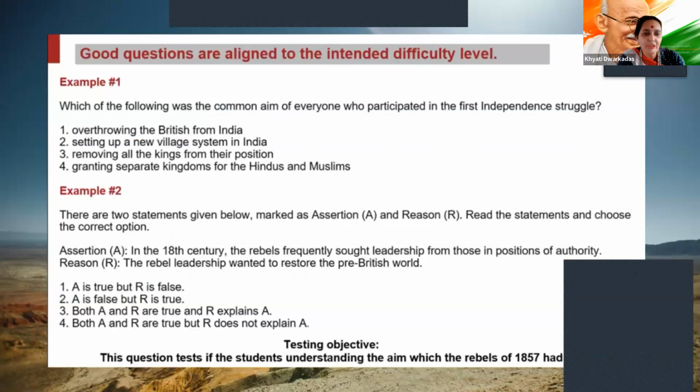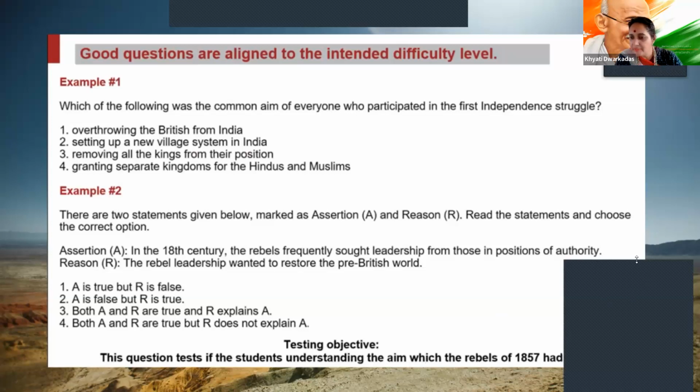Now look at example 2 over here. There are 2 statements given, assertion and reasoning. 18th century rebels frequently sought leadership from those in positions of authority. Rebel leadership wanted to restore the pre-British world. The question tests if the students understand the aim which the rebels had.